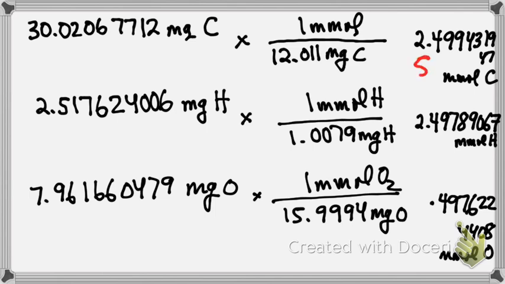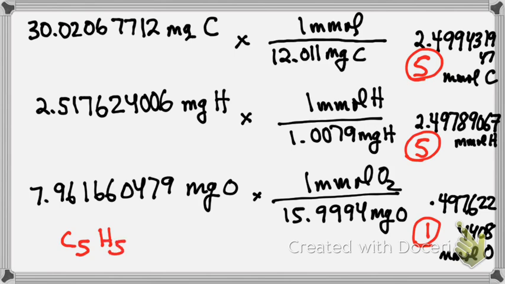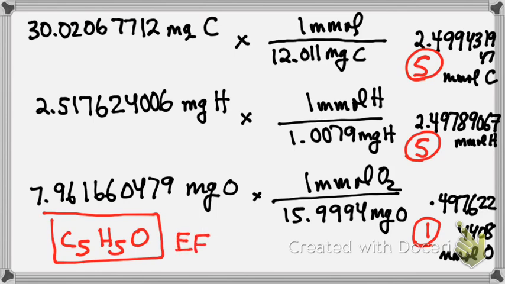That's close enough for 5, which means I'm going to get the same thing for hydrogen because those numbers are so similar. And of course, I'll get 1 for oxygen. So my empirical formula is C5H5O. Well, we have one last step.